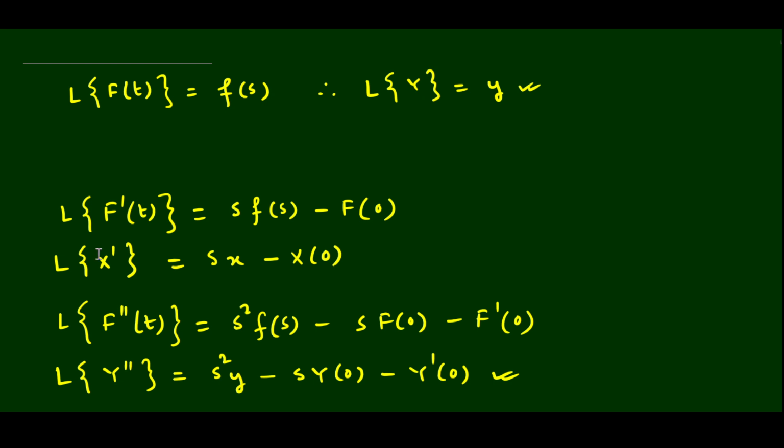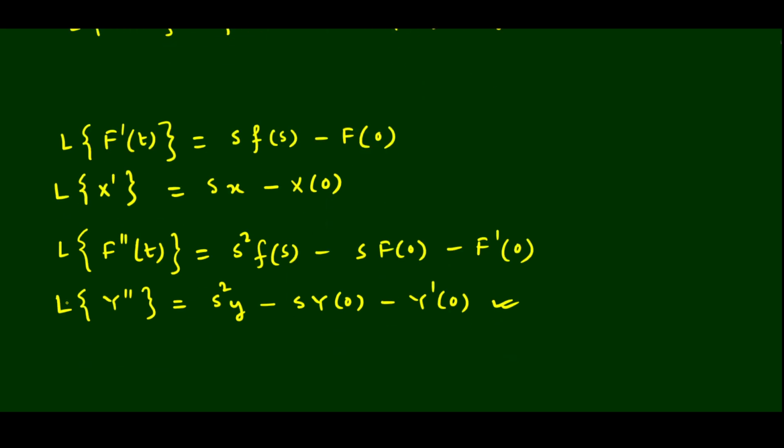And the last formula, which we have already used in the last problem, there we used L of y double dash. Now it is x double dash. So it will be s square capital X minus s into x of 0, and then what? x dash of 0. Okay, these two we are going to write.